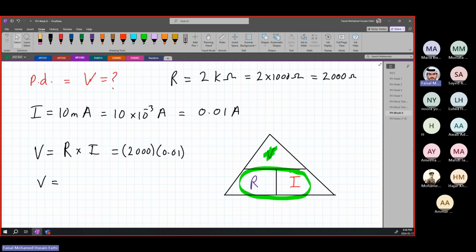So our voltage is simply going to be 20 volts. Okay, very straightforward, very basic. Let me try to find one that is a bit more interesting. This is straightforward, similar idea. Okay, let's look at this one.